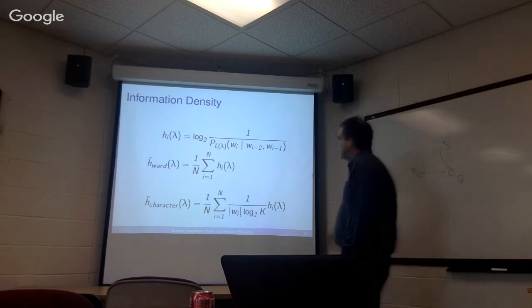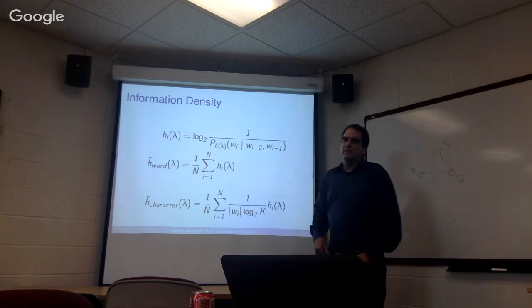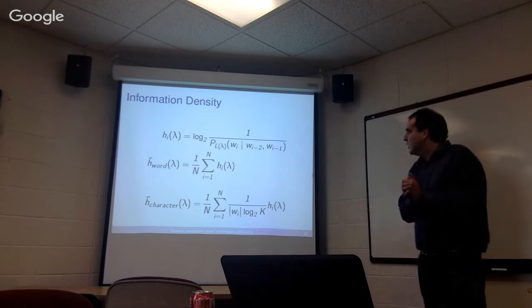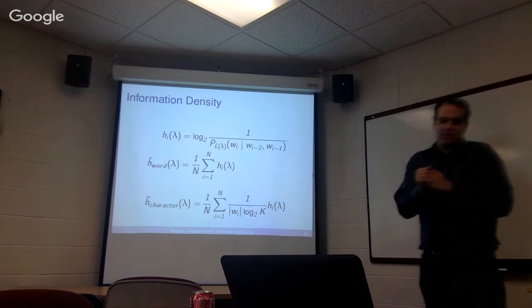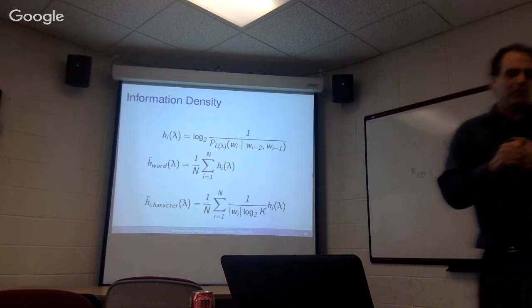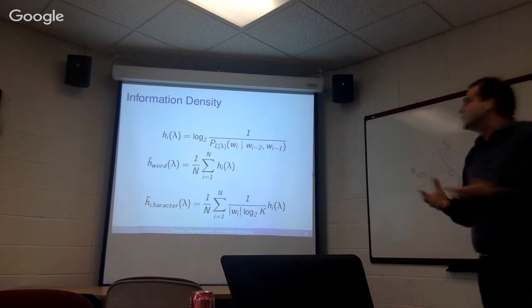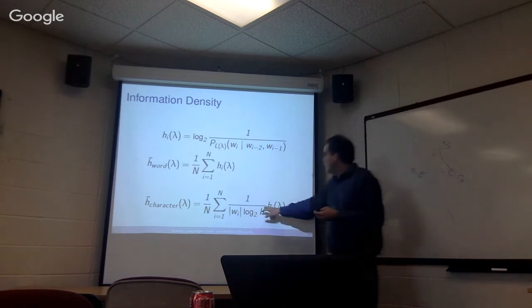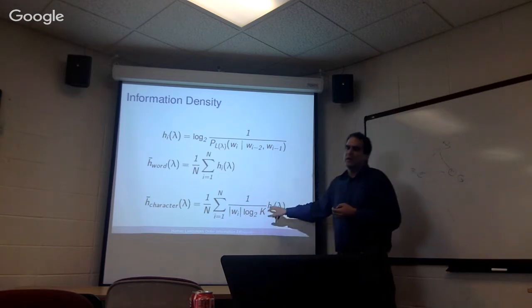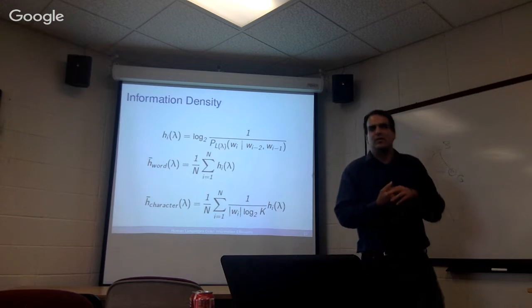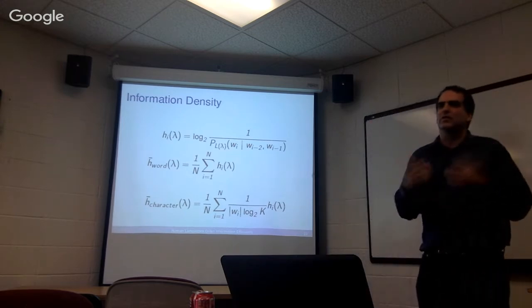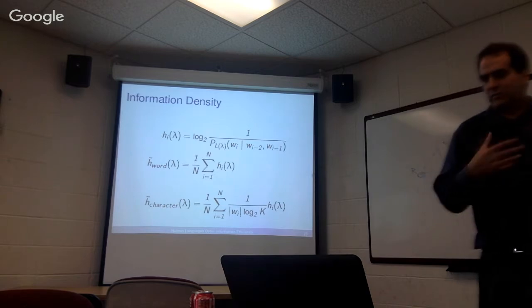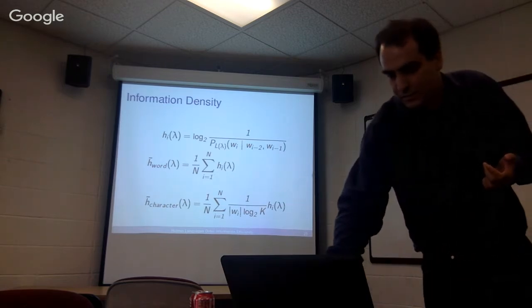So we actually measure the length of the word in letters, not phonemes. And actually, we don't measure it in letters, because we're going to do several languages. We measure it in characters. So for Chinese, it's Chinese characters. And that's why we have this term here. K is the number of characters in your writing system. So this is just to try to make these numbers comparable across different writing systems, whether you have an alphabet or Chinese characters.